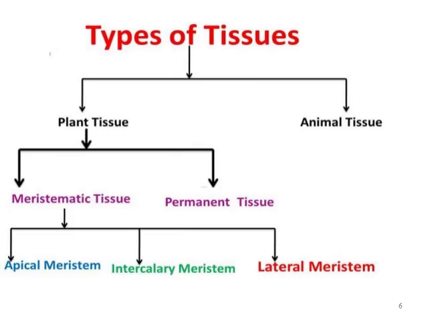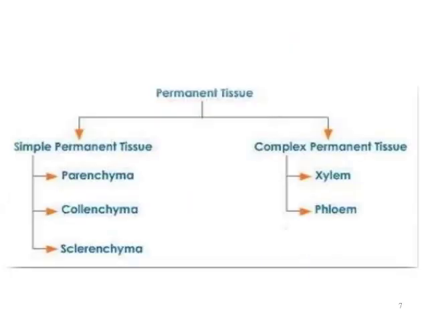In our later lectures, we will discuss all these meristematic tissues in detail. But today, our focus is on permanent tissues. So, permanent tissues are the tissues that are derived from meristematic tissues and are composed of cells which have lost the ability to divide.